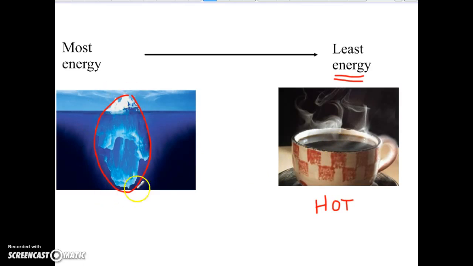So because this iceberg has a much larger mass, it has a lot more energy. Okay, there's a lot more cold molecules. You could think about it like today's snowstorm. It's obviously very cold out today, but the storm has a huge amount of energy, which is why we're all home today.